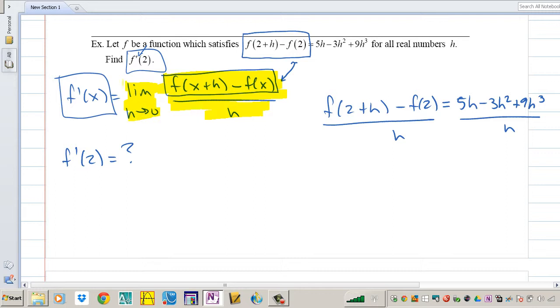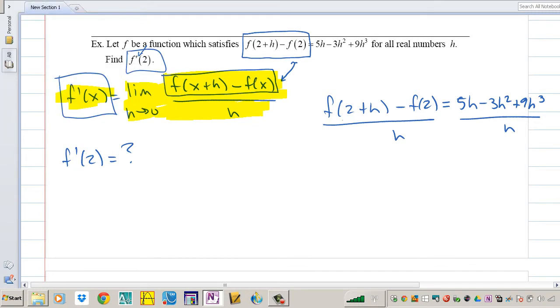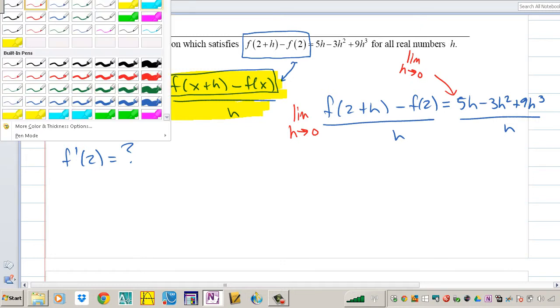And the limit tells me that if I'm taking the limit of this equation, then I'm taking the derivative of something. So let me go ahead and add limit to both sides of these equations. So I'm going to put here the limit as h approaches 0, and over here the limit as h approaches 0. Okay, so what does this mean?